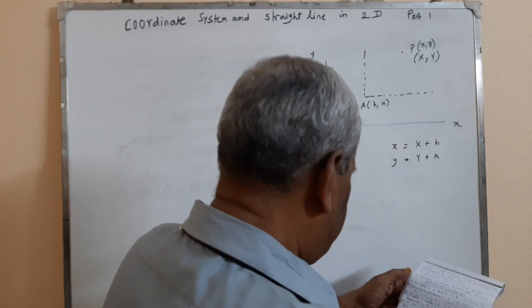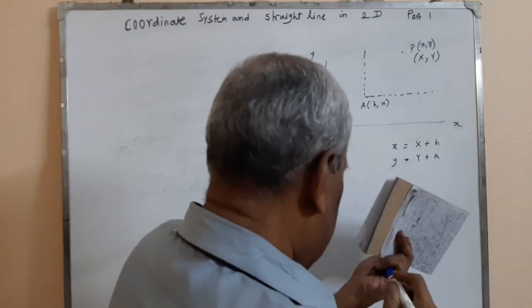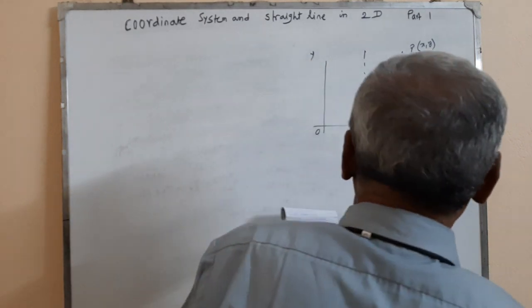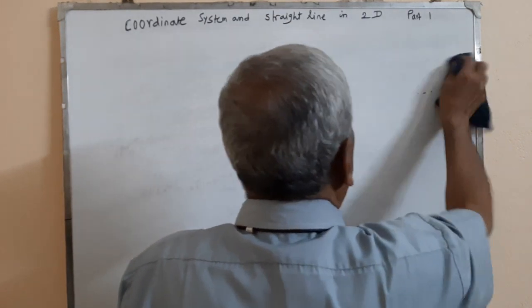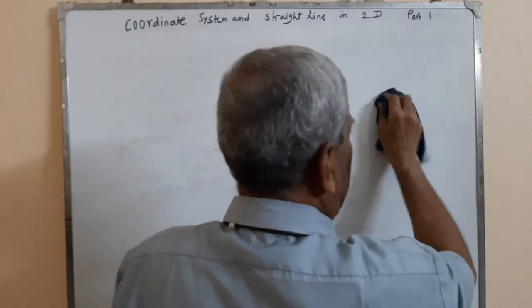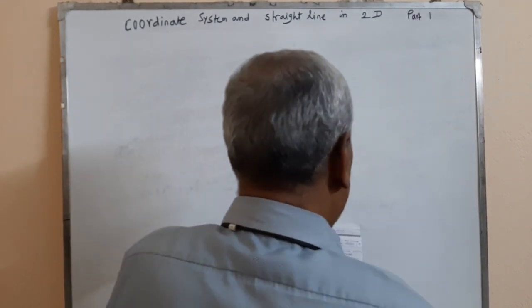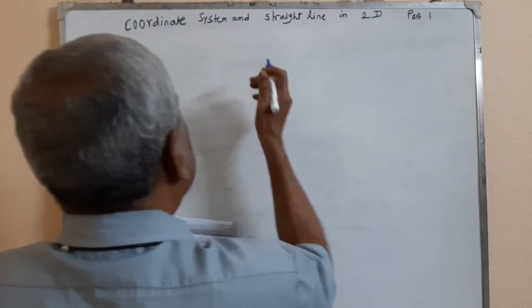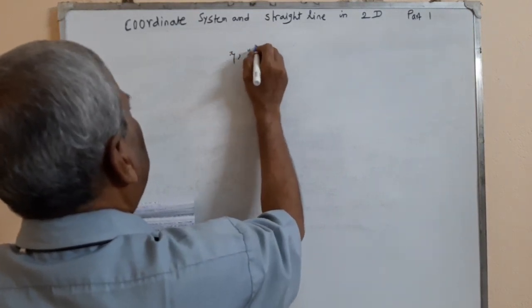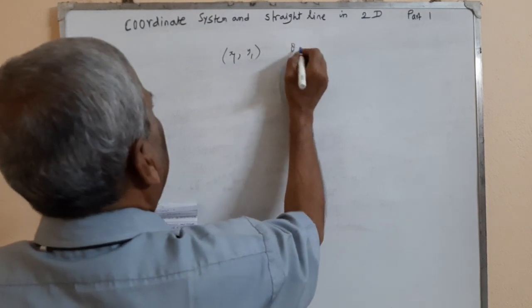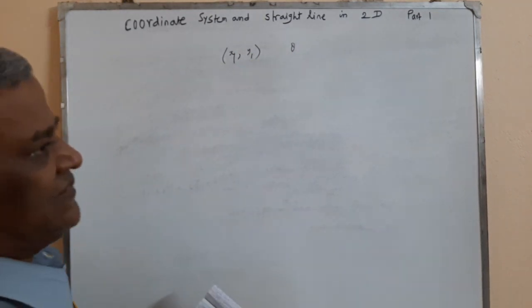So next, a straight line. The equations of straight lines I am not discussing. One particular equation: suppose a straight line passes through (x1, y1) and makes an angle theta with the x-axis.